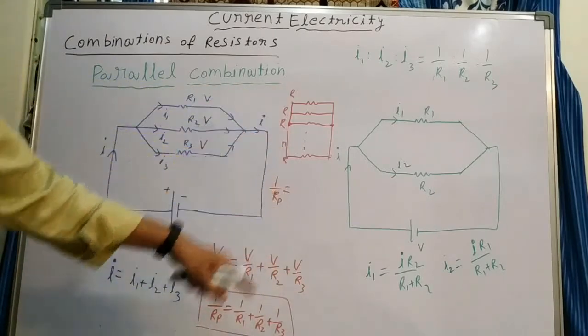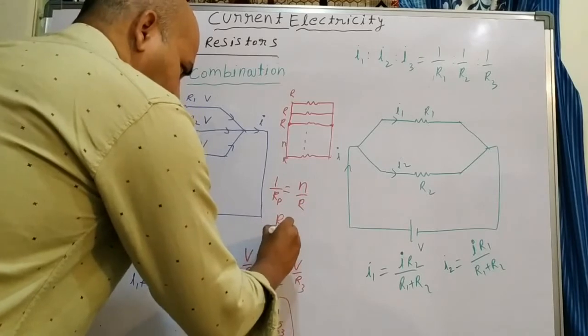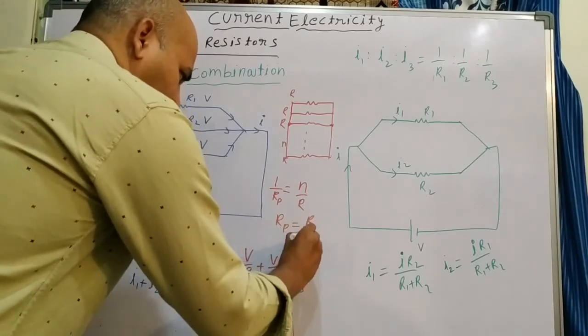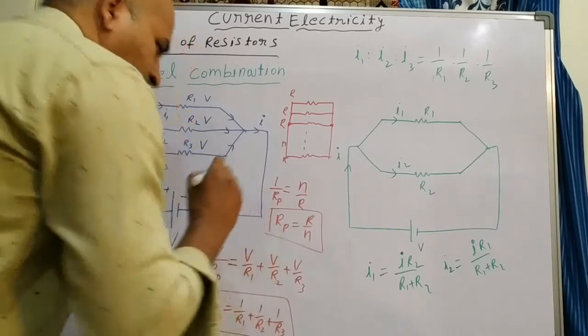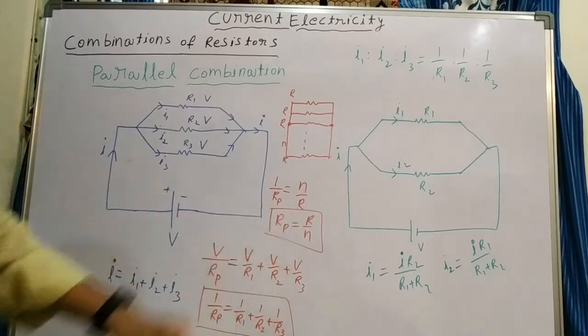How many times do you have to write? N times. So what do you get? N by R. So R parallel is R by N. If n identical resistors are connected in parallel, resistance becomes R by N.